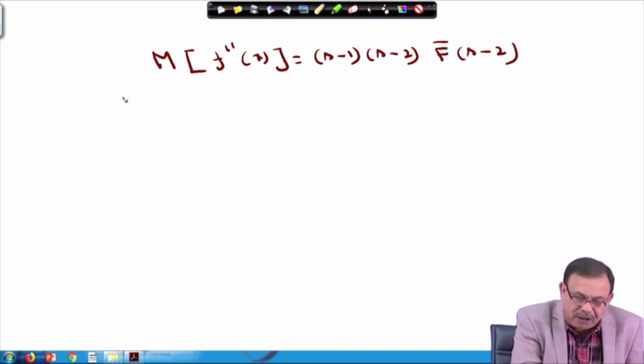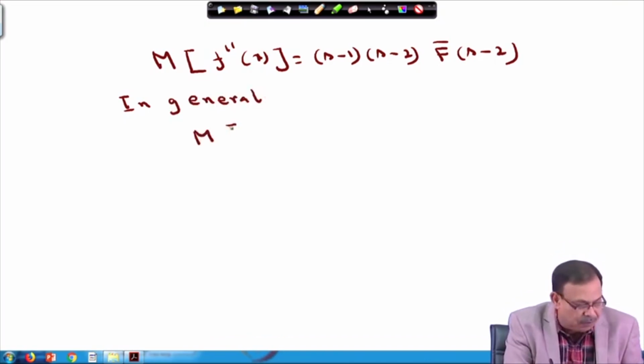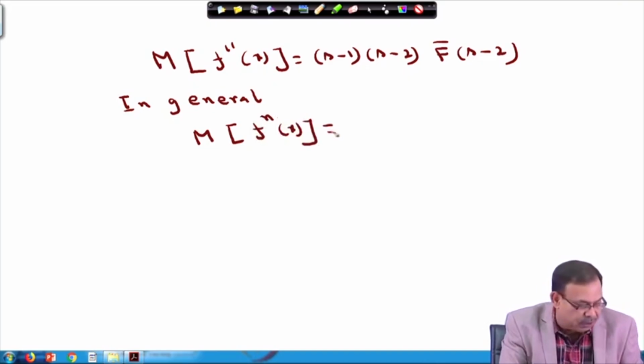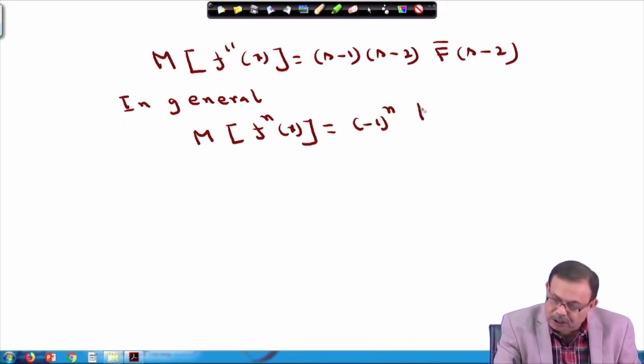In general, we can write the Mellin transform of f n x as minus 1 whole to the power n, which in terms of the gamma function is gamma s by gamma (s minus n) into f bar (s minus n).